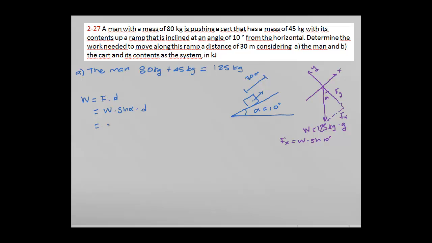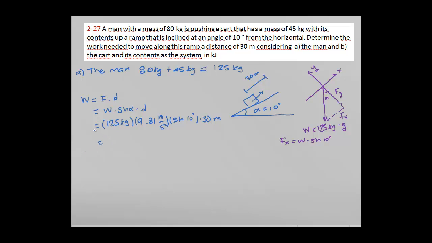So substituting, the weight is 125 kilograms times the acceleration due to gravity, times sine of 10 degrees. All of this is times 30 meters, which is the distance.